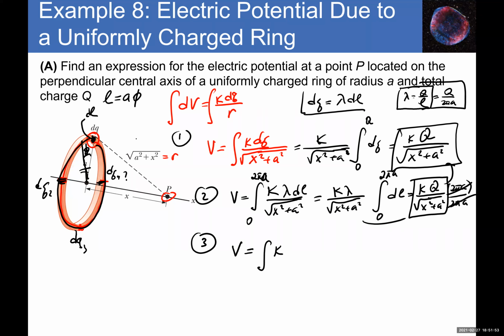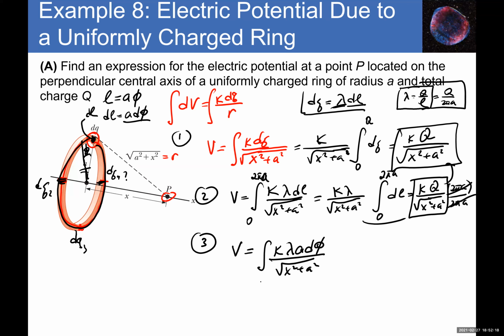So A times phi is my arc length. Then dl is equal to A times d phi, so it's lambda times dl, and dl is A times d phi. That means k lambda A d phi over x squared plus a squared.